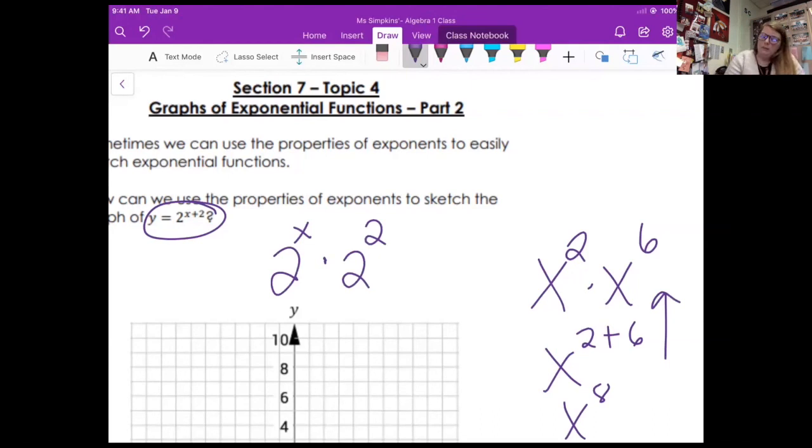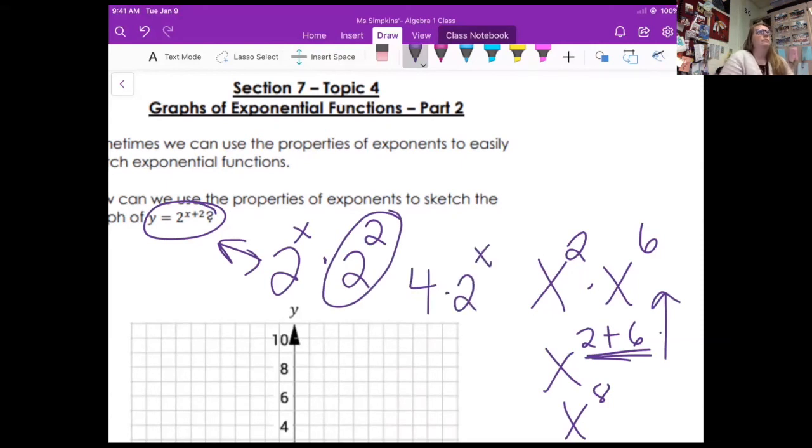And I want you to see the relationship between these two and these two. All I did was I started with two things being added together, and I split those up with each of my 2's. We can calculate this. What is 2 to the 2? 4. And I still have 2 to the x power.